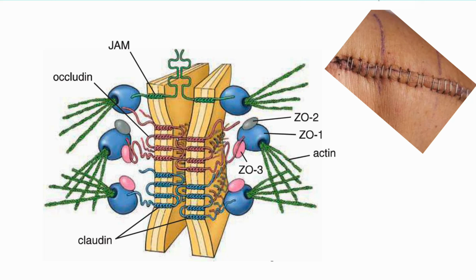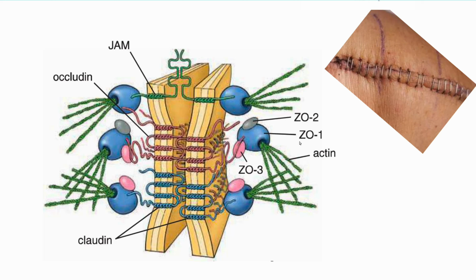They form the boundary between the apical domain and lateral domain of a particular cell. That means it should allow very minimal permeability. But since claudin molecules are present, they allow certain aqueous channels, and through these some fluids or water can pass through.